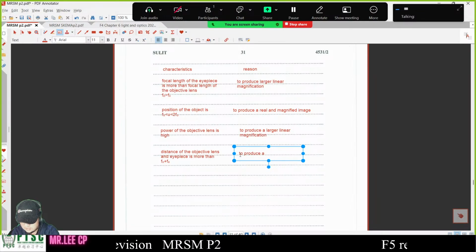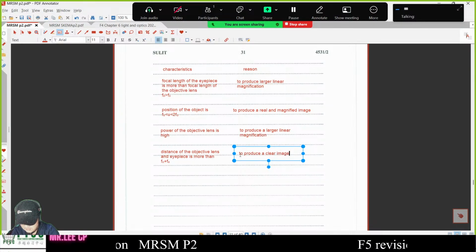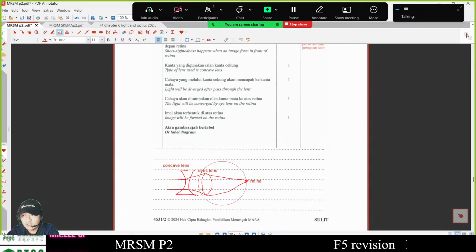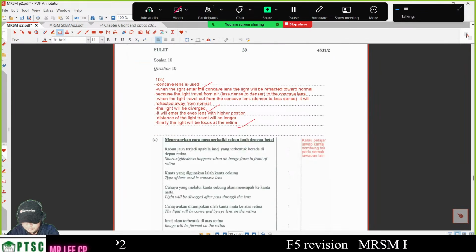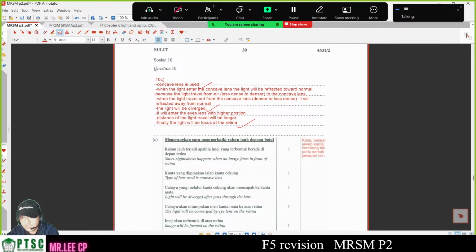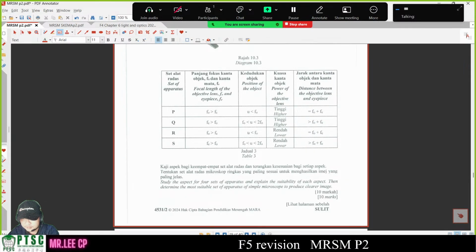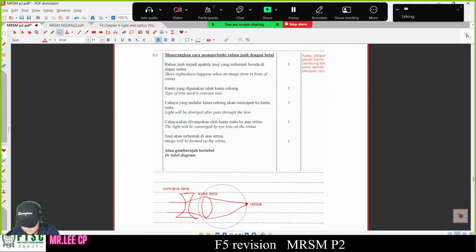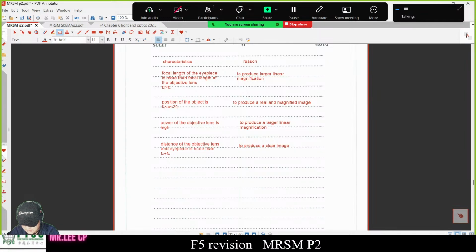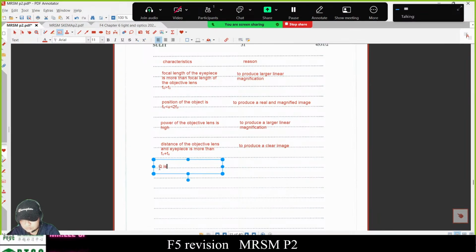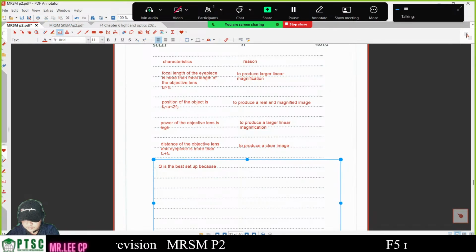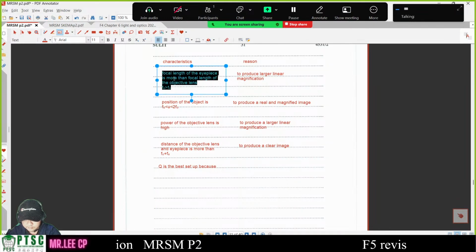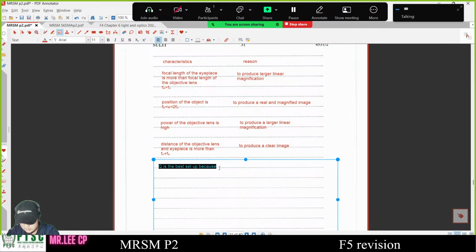Okay, so which one is the best one? The best one is Q, because of what you repeated. Q is the best setup because of this. Copy, put it here.